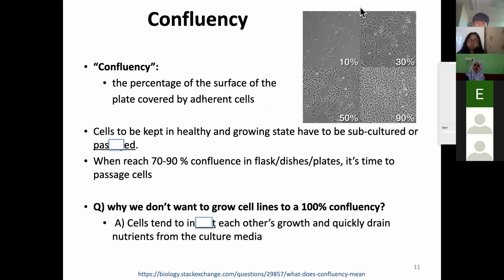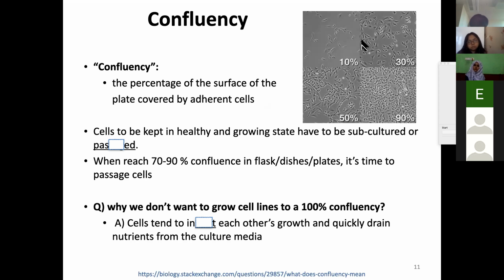And a couple of days later, you define in terms of area how much the cells are occupying, like 30%, 50%, 90%. When you see 90%, this is not a good time, because you are supposed to already have split the cells, not reaching 90 or even 100%.